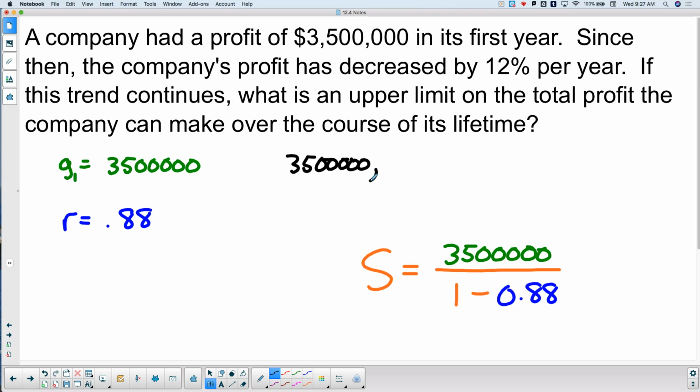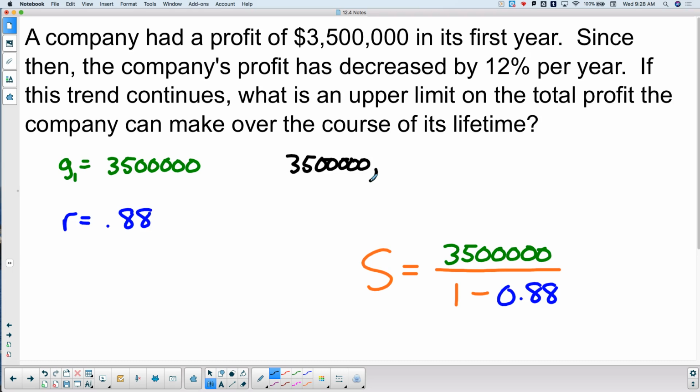How much? No. That gives me a negative number. So how did you get 3,080,000? I did 3,500,000 times 0.88. Okay.